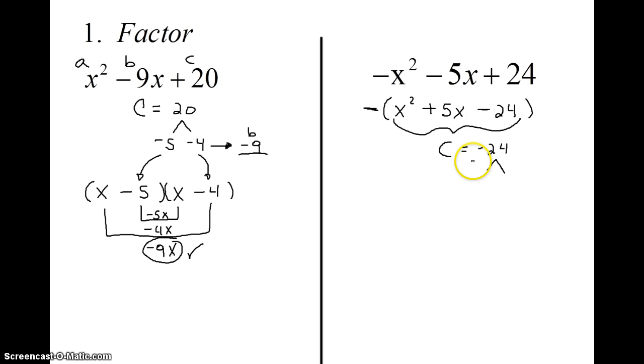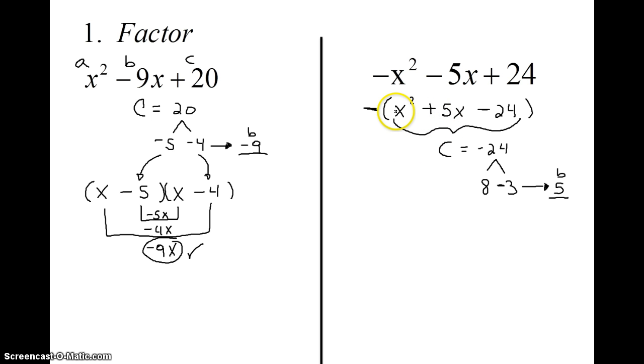So we can use 8 times 3. Now remember that when you multiply, you have to get negative 24. So I'm going to make the 3 negative, because when you multiply 8 times negative 3, that's negative 24. When you combine 8 minus 3, it's going to give us positive 5, which is the b term, this one here.